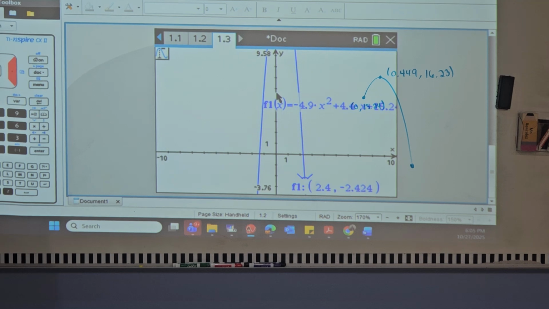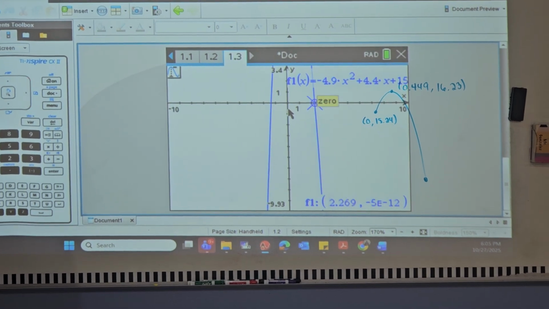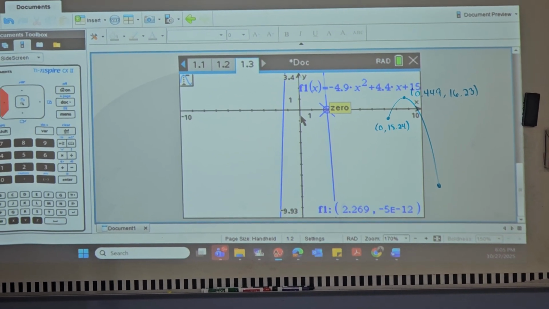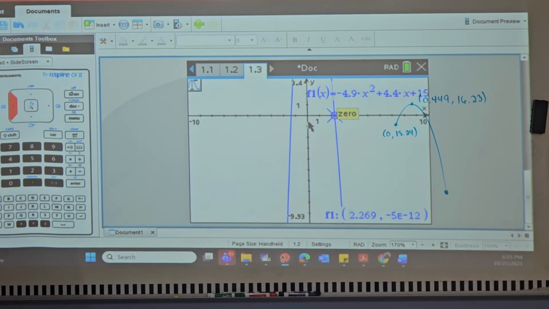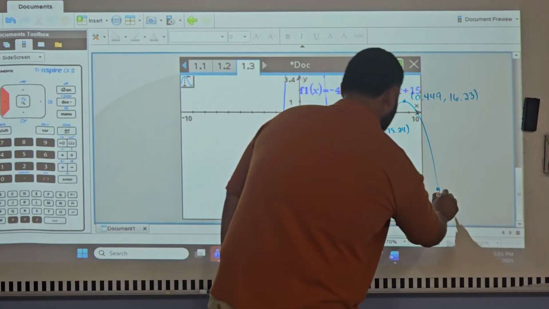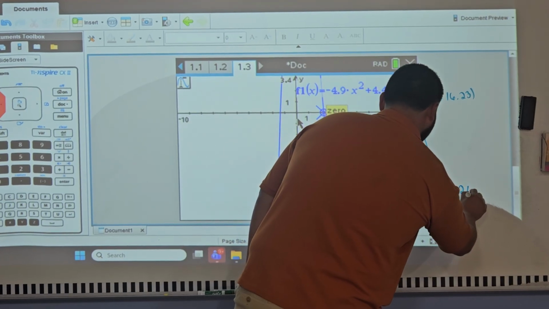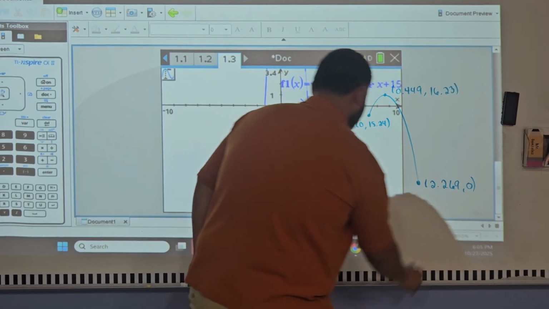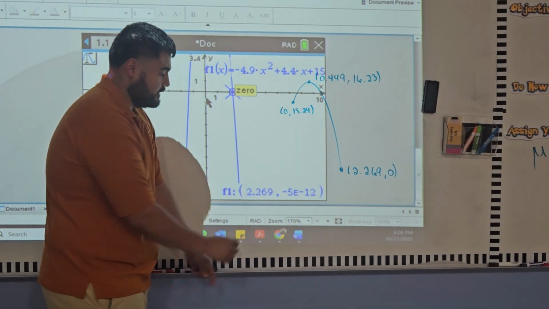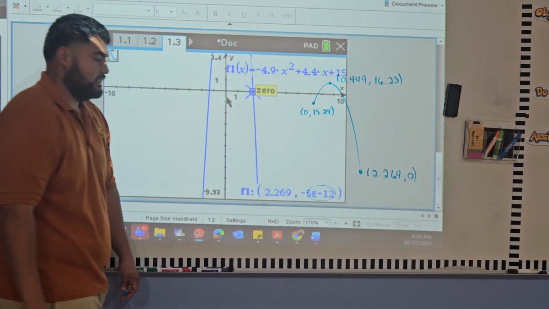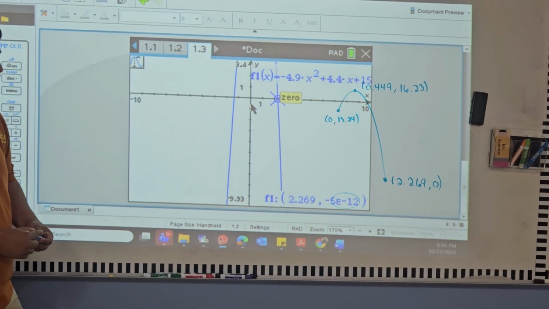If we keep going, that is not part of the modeling process. So we're thinking 0 as ground level. So this is 2.269, and all this gibberish right here is basically telling you that's your 0, okay?